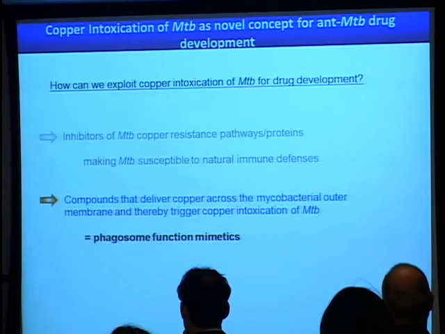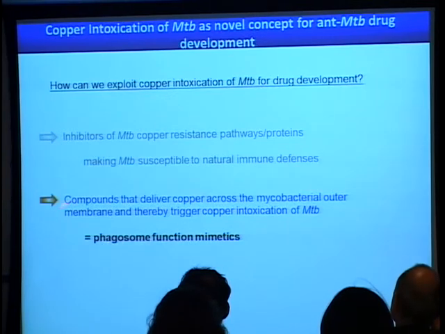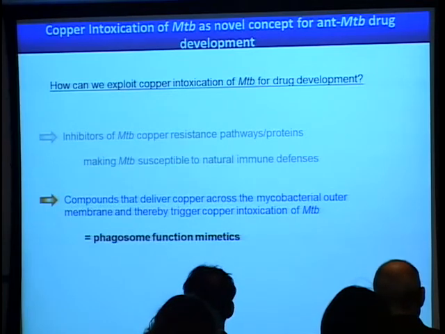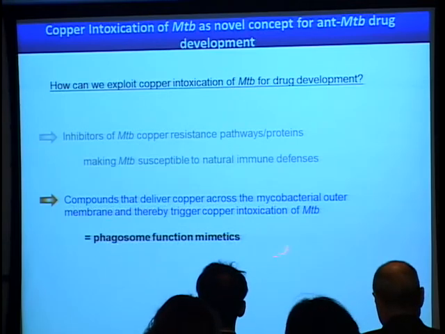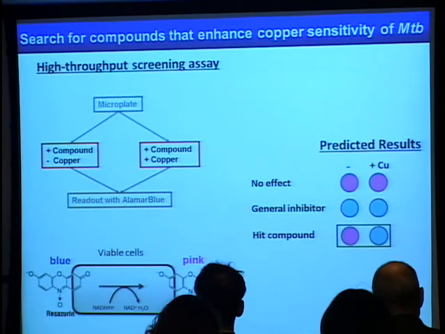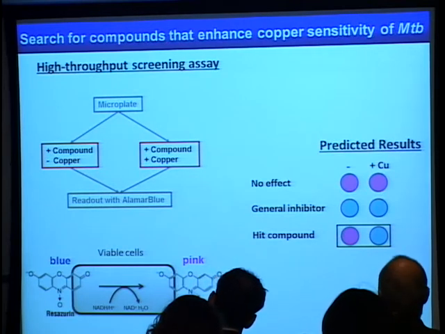The other idea that we are actively pursuing is to identify compounds that deliver copper across the mycobacterial outer membrane, which is a very efficient permeability barrier and naturally provides MTB with resistance against a lot of toxic compounds, including copper. Because these compounds would mimic the phagosomal copper burst, we refer to them as phagosome function mimetics.